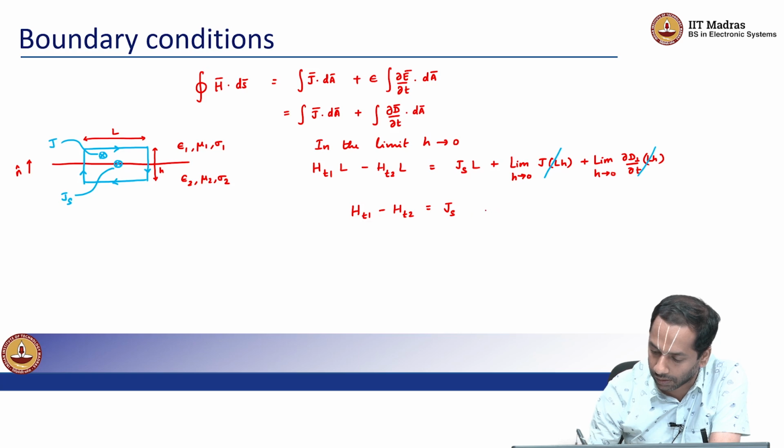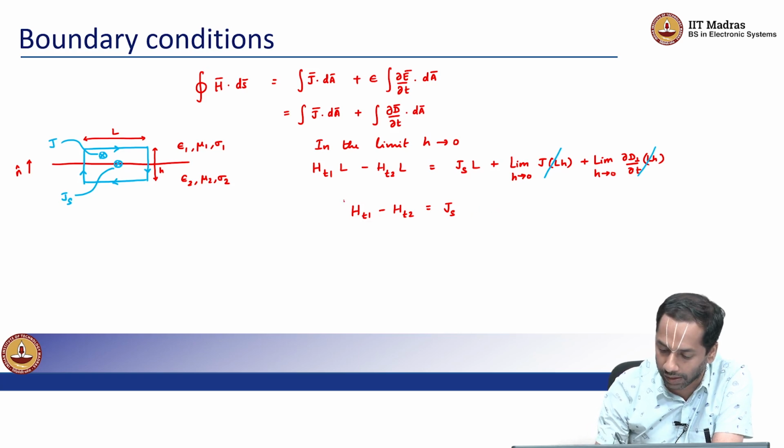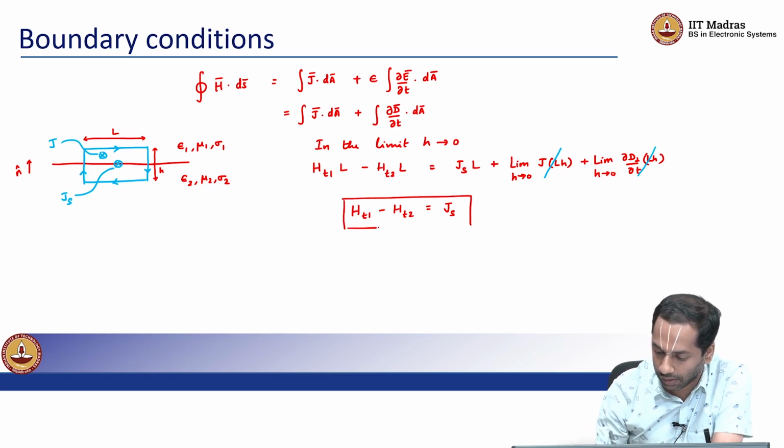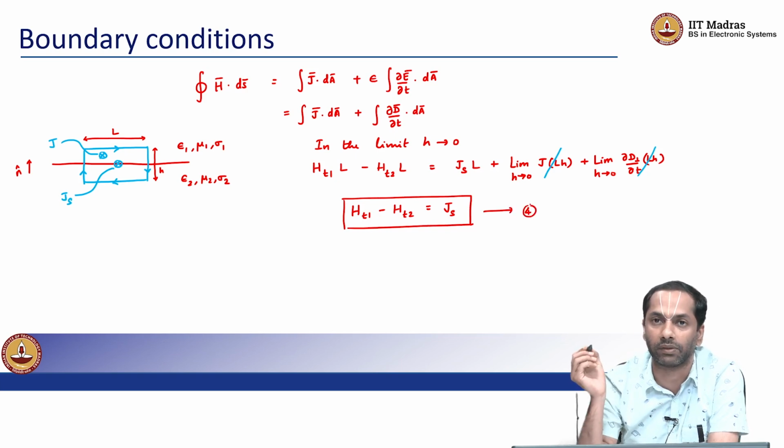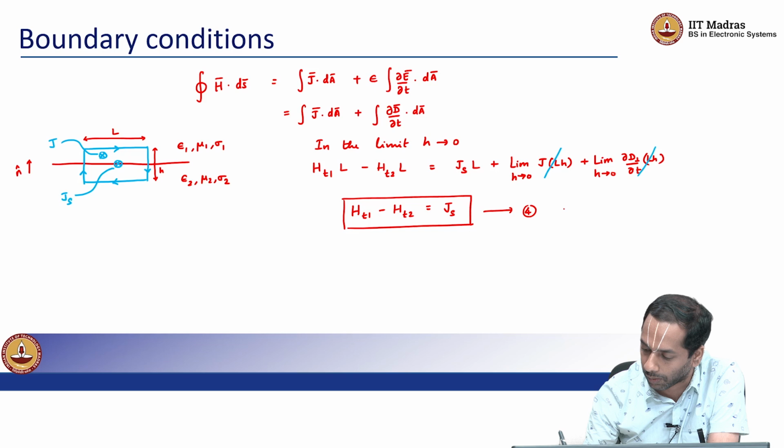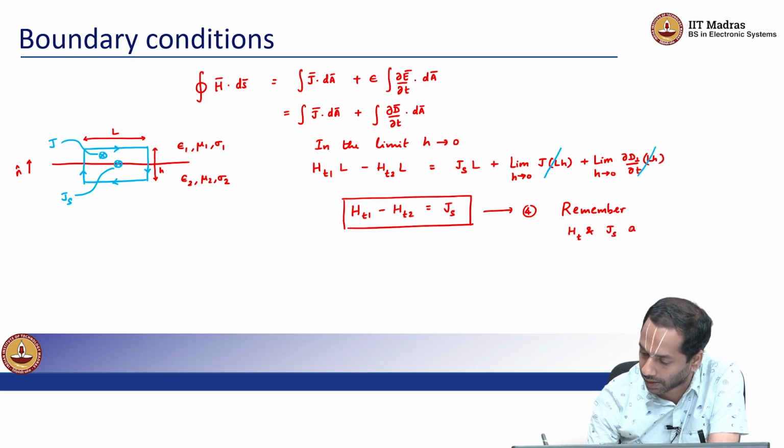So, in this particular boundary condition, the last and the final boundary condition we have, it is important to remember that H and J, Ht and Js, are not in the same direction.